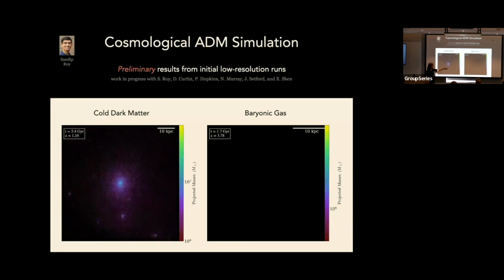And then on the right, I'm going to show the baryonic gas in the simulation. You can start seeing that gas is much more complicated. It gets shock heated. It's collapsing. It's forming here at the central disk in the galaxy. You see a satellite coming in with its own gas, and it gets accreted onto the main disk.